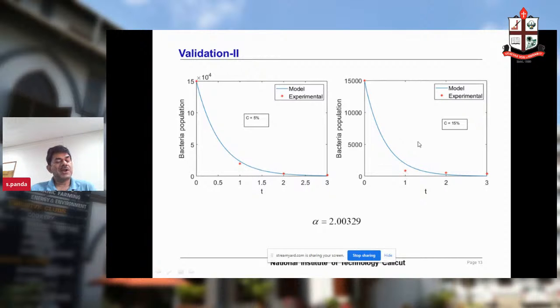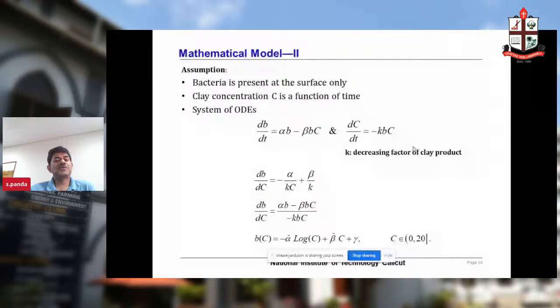Because I am not satisfied with my model since I have error here, I have to look for some other possibility. So here I have two things. It is now a coupling effect. One is the population that has to decay, or grow with alpha, and it has to also decay with C. Once you mix the chemical on the surface, the bacteria has to decay.